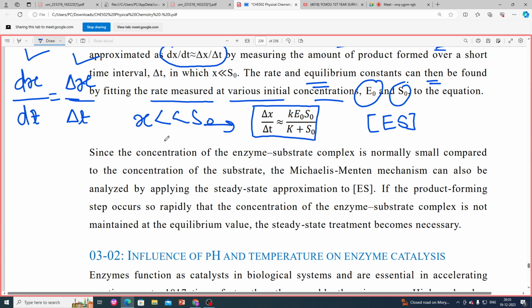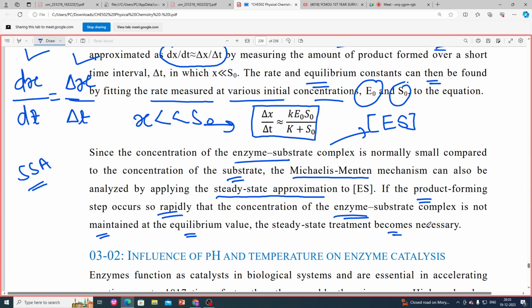Then since the concentration of enzyme substrate complex is normally small compared to the concentration of substrate, the Michaelis mechanism can also be analyzed by applying the SSA, the steady state approximation, to the concentration of ES. If the product forming step occurs so rapidly that the concentration of enzyme substrate complex is not maintained at its equilibrium value, the steady state treatment becomes necessary, क्या करना पड़ेगा SSA approximation हमें.